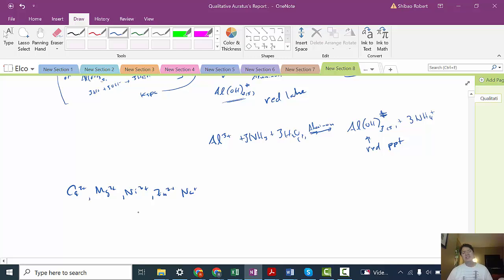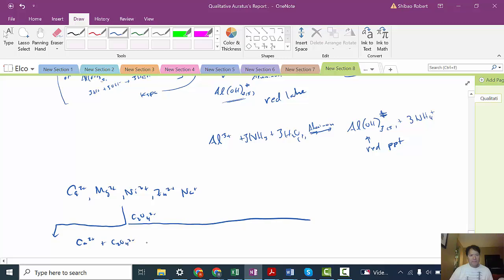All right, so if I have a solution like this, then I'm going to add some oxalate ion to this. And the only one that should precipitate will be the calcium. And so the net ionic equation will just be calcium plus oxalate yields calcium oxalate, a solid precipitate.